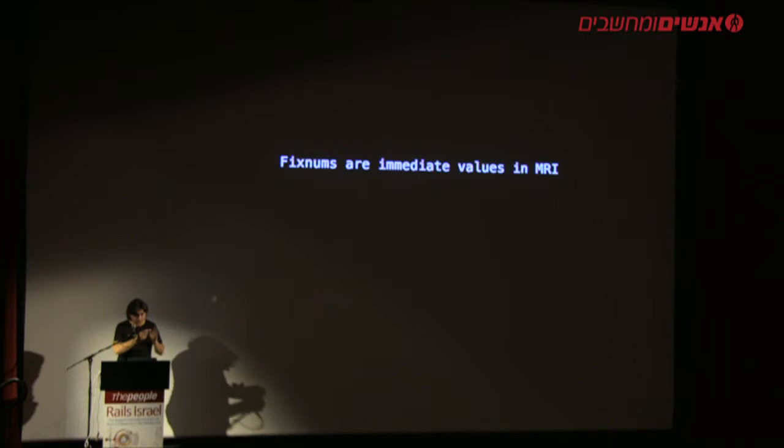Normally in Ruby, things are pointers to structures, in the case of C, to the structures that represent the data type you are working with. But there are some optimizations in MRI, and fixnums are stored up to a certain size in what would normally be a pointer.